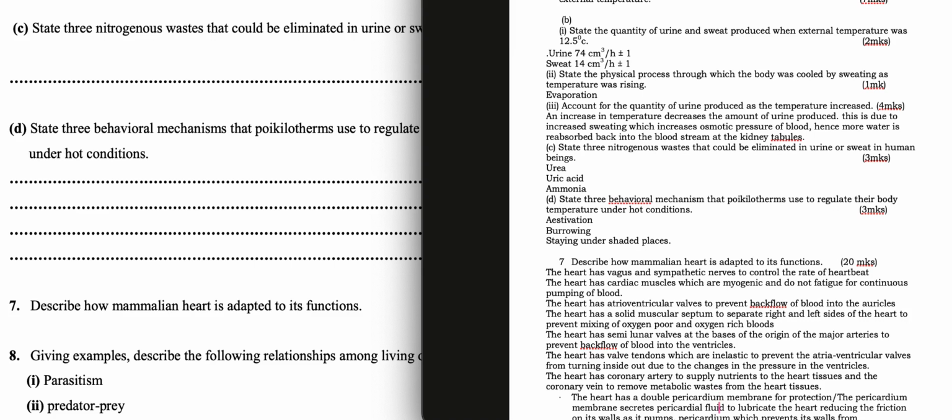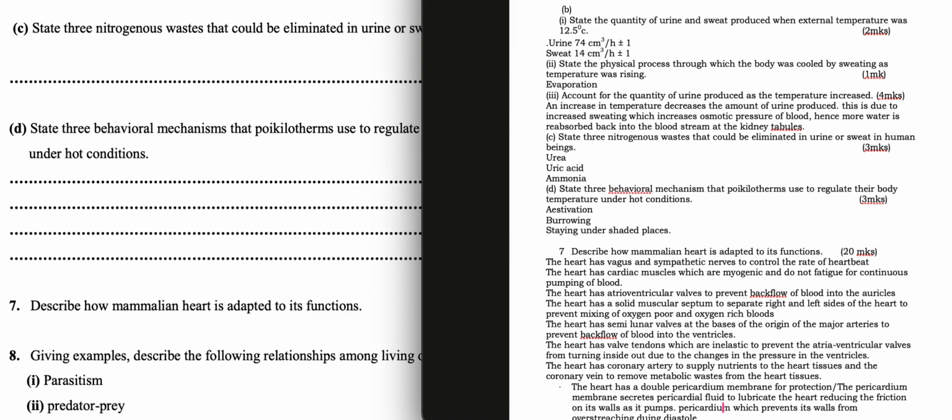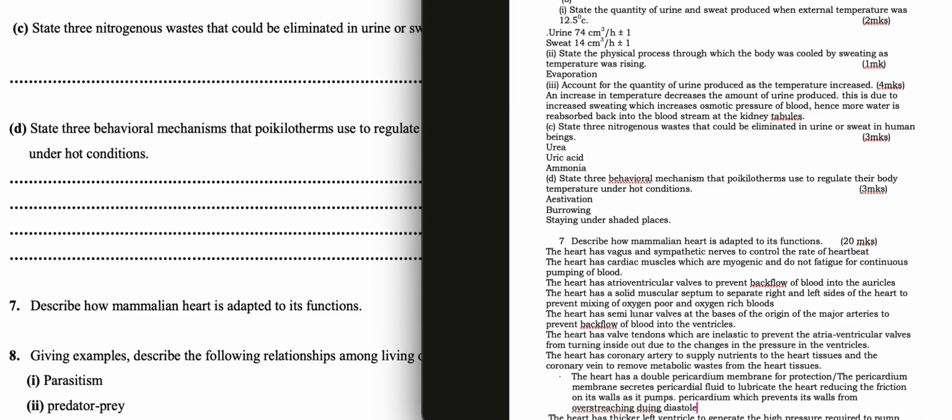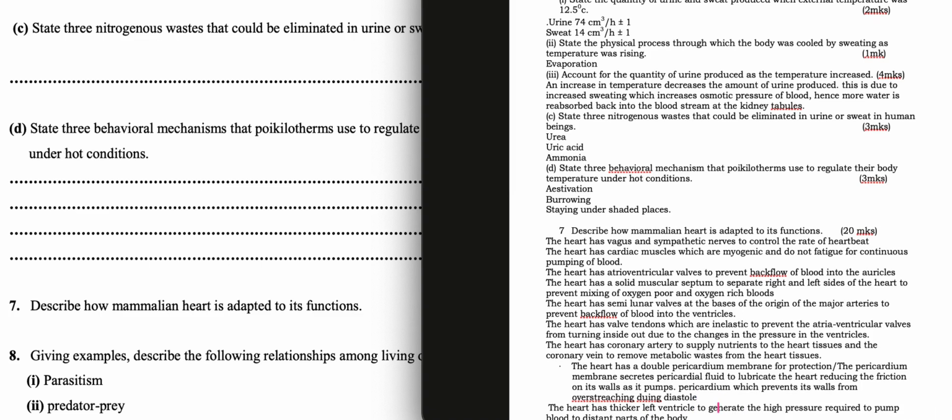The heart has a double pericardium membrane for protection. The pericardium membrane secretes pericardial fluids to lubricate the heart, reducing the friction on its wall as it pumps. The pericardium also prevents its wall from overstretching during diastole.